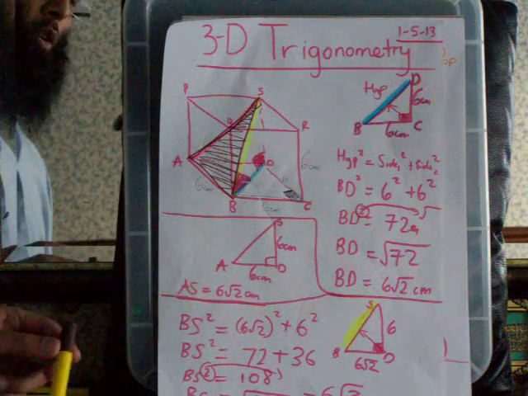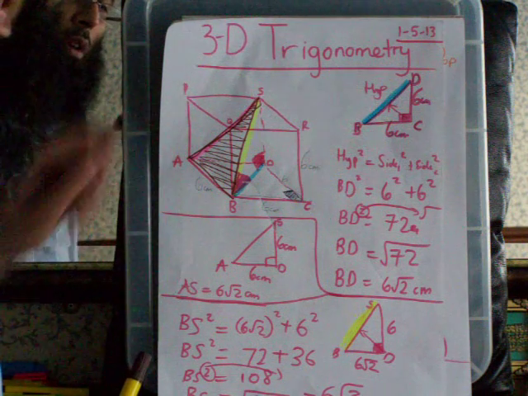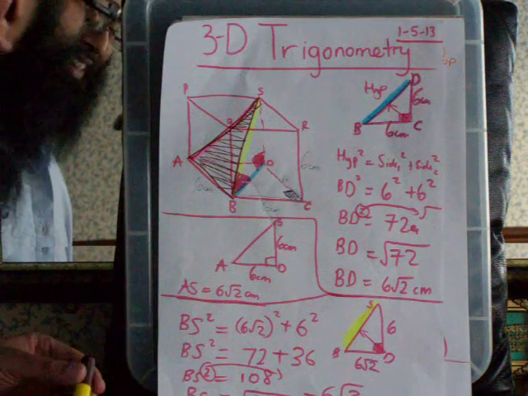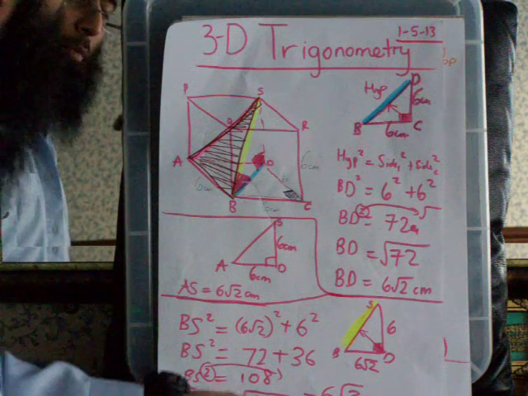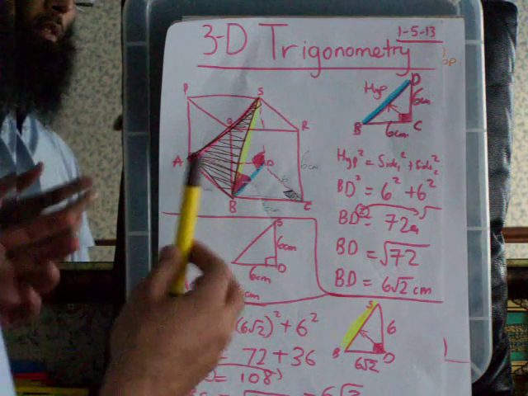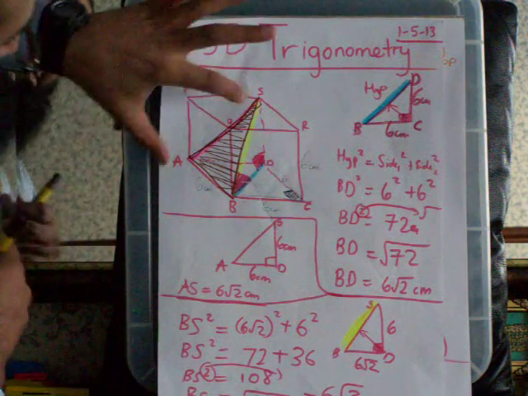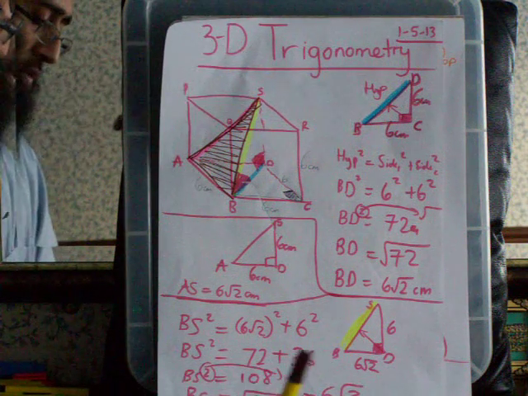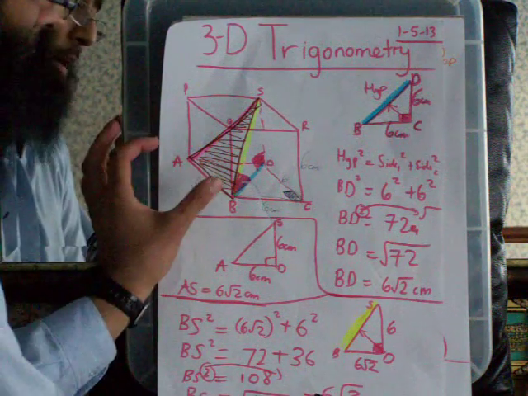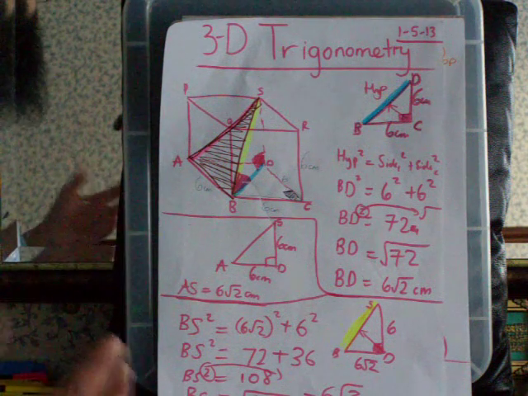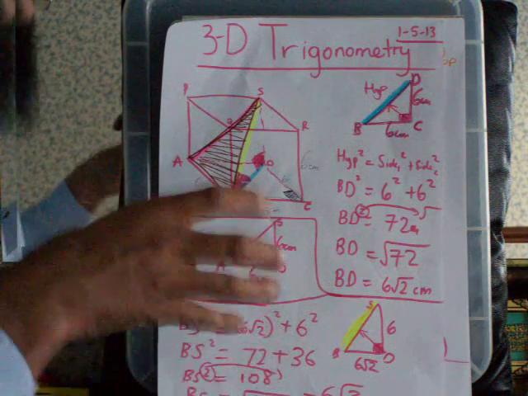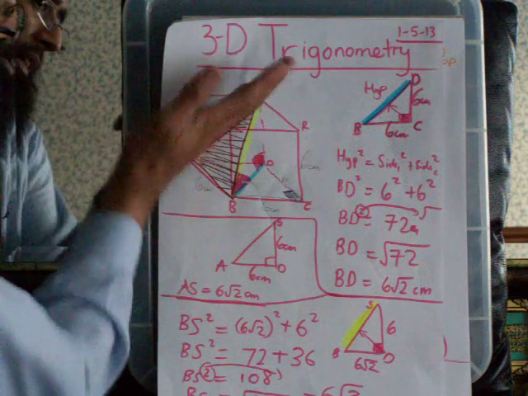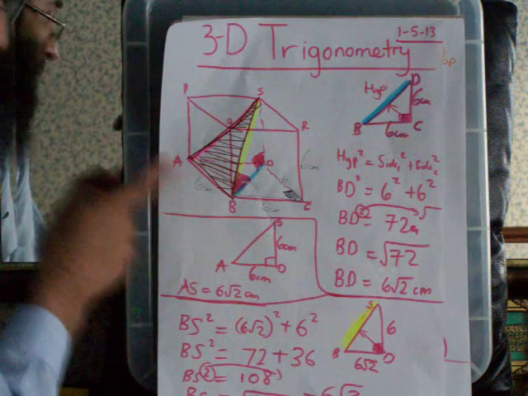We know the bottom one is 6 centimeters. Do we know what SB is? Yeah, we just worked out SB as well. So we know this AS, which we worked out over here, and the SB, which we just worked out over here, and that's the bottom one. So now we're going to recycle two answers from our previous answers. We're going to reuse this and this to label this side, and the base is already given.